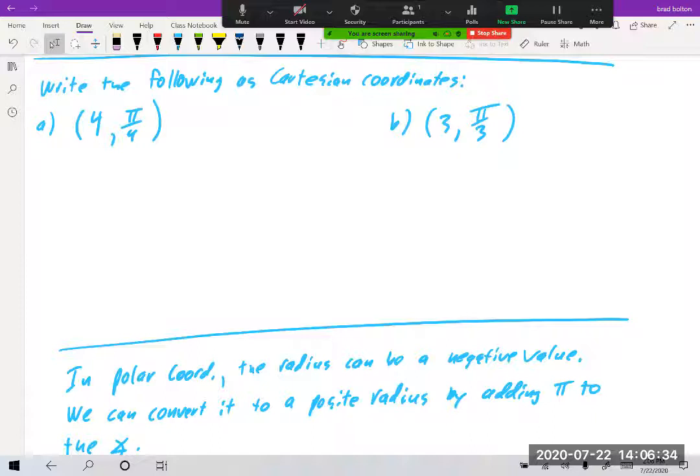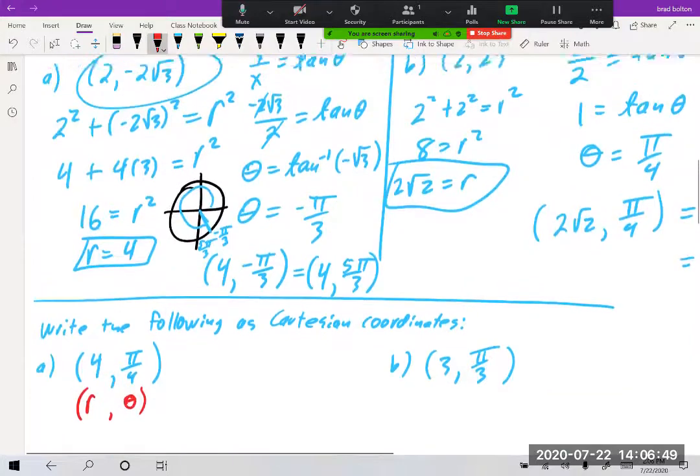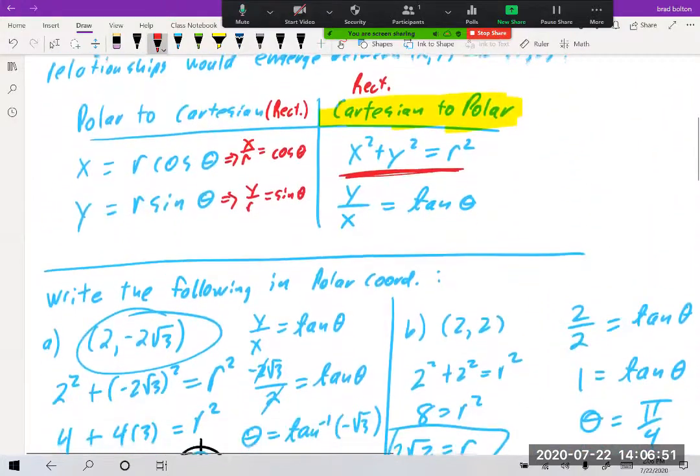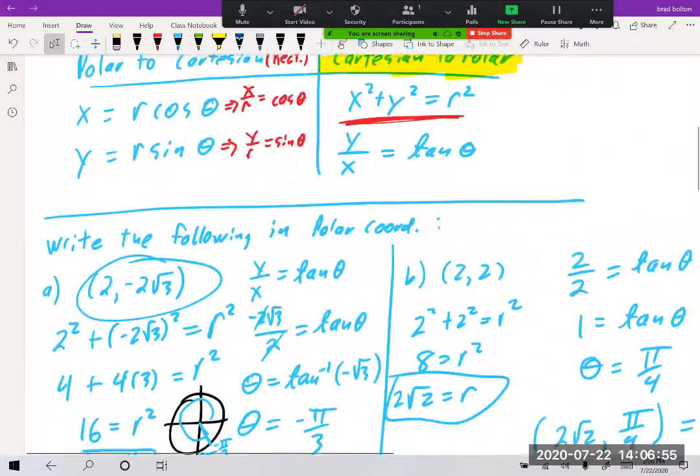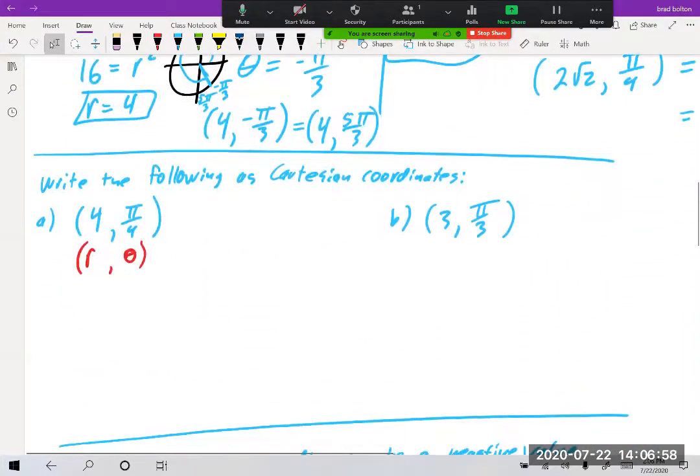So now we want to go the other way. Now we want to write the following as Cartesian coordinates. We already are given polar, so 4 comma, this is my r, and this is my theta, right? If I want to find the x and the y, I just do r cosine theta and r sine theta, because remember that sine and cosine are associated with y's and x's.